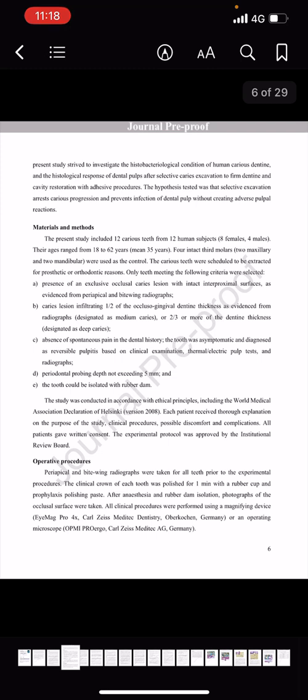For the clinical procedure, the enamel cavitation was enlarged with a high-speed cylindrical diamond bur with water spray, and they used a stainless steel round bur with a low-speed handpiece with water cooling, and selective caries excavation was achieved using a sharp hand excavator until firm dentine was encountered.